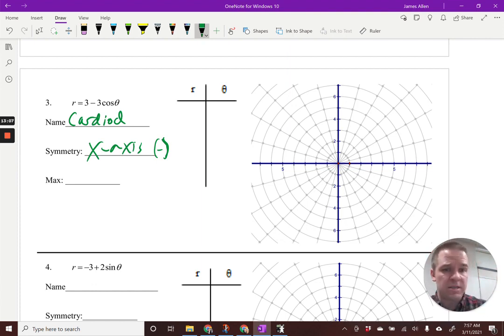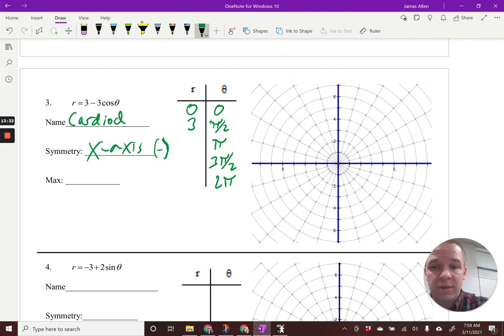So let's get to plot here. So we got 0, pi over 2, pi, 3 pi over 2, and 2 pi. So if we're not sure what this really looks like, it could be helpful to fill in a table of values. Well, cosine of 0, that's 1. So -3 times 1 is -3. 3 minus 3 is 0. At pi over 2, cosine is 0.